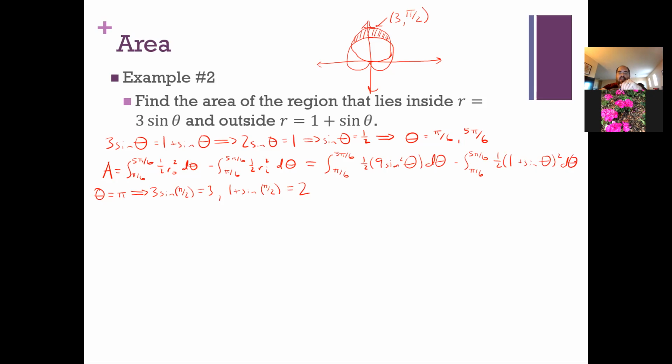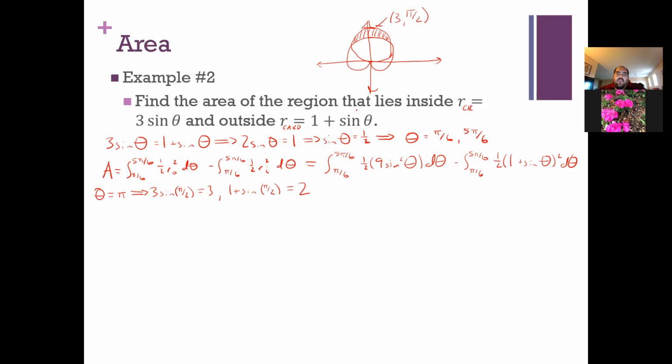Any questions on the setup of that integral so far? Wait, why does it equaling 3 and 2 mean that the circle is the outer? So I want to find the area of the region inside. The circle is this first equation, and this one is a cardioid.